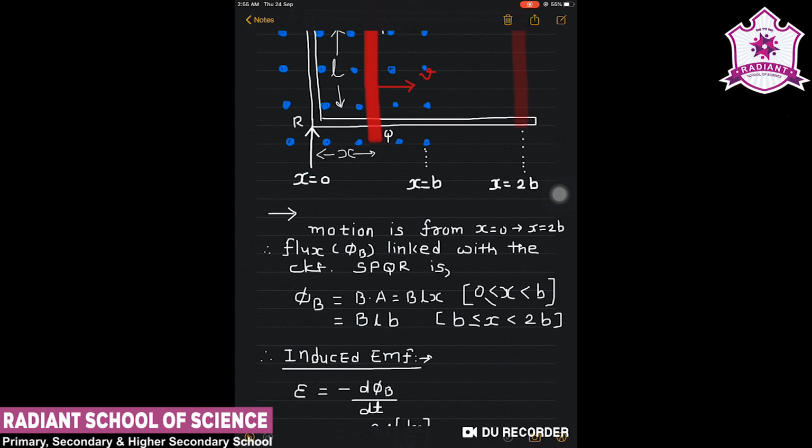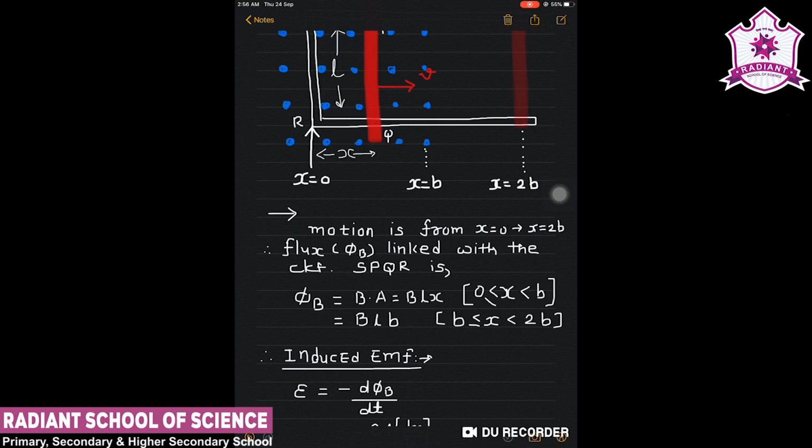So if the distance is between 0 and b, it will be B l x, and for the outer part of x it will be B l b, as it will leave the magnetic field, so the remaining part will not have any magnetic effect, and therefore the flux will remain B l b, because after b there is no magnetic field effect.